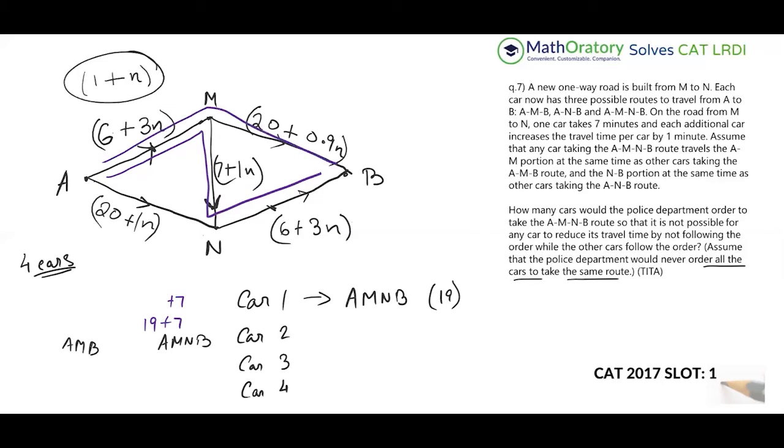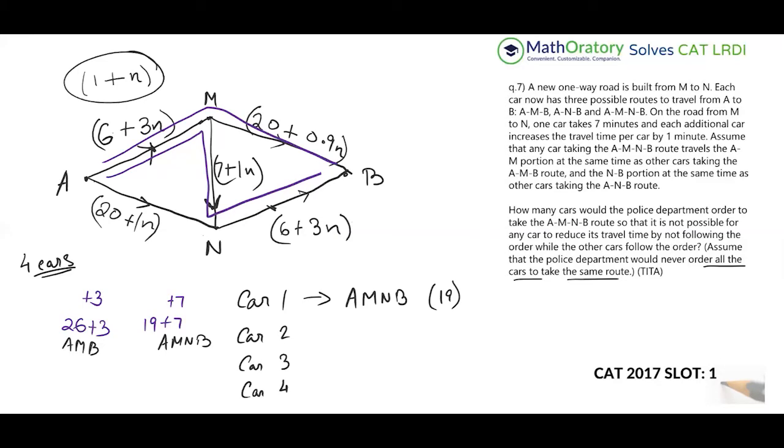So if this second car is traveling via AMB, that is 26 minutes, the base value. Now what are the increases for this car? There is an increase of 3 minutes only, because only the AM route is shared. But for the first car, now this is pretty obvious, it will also increase by 3 minutes. It's the same thing, because for the first car also the AM route is the only one which is shared.